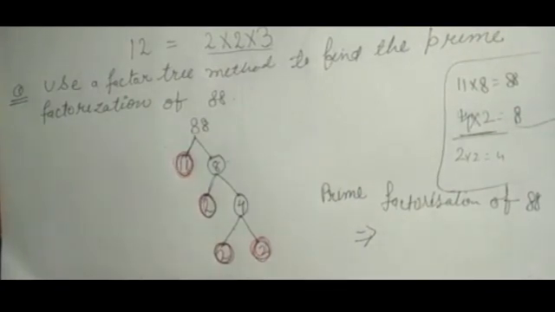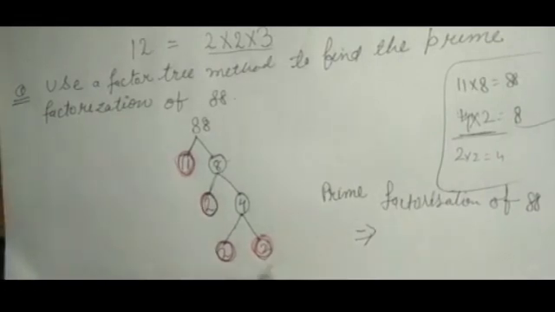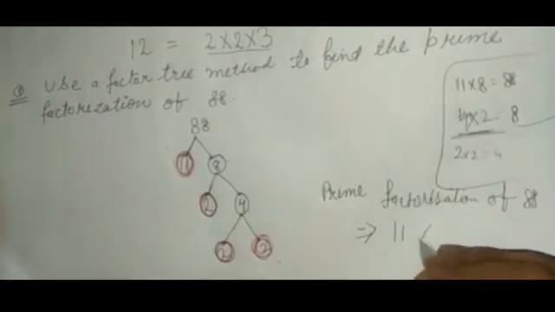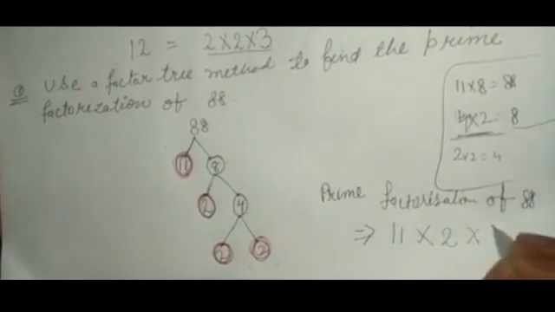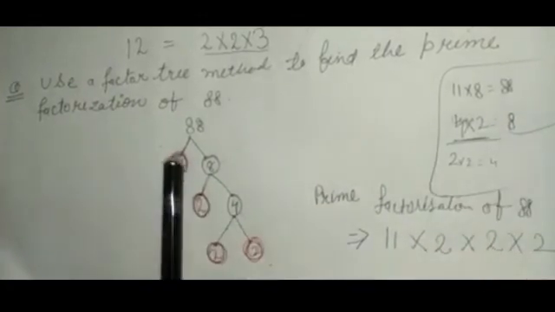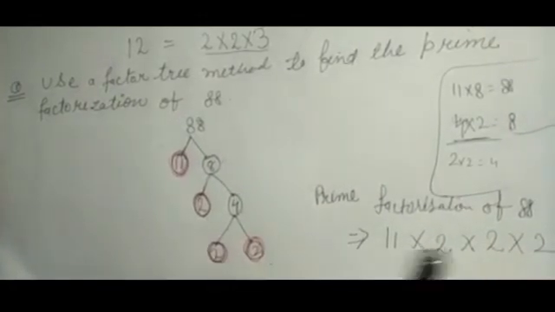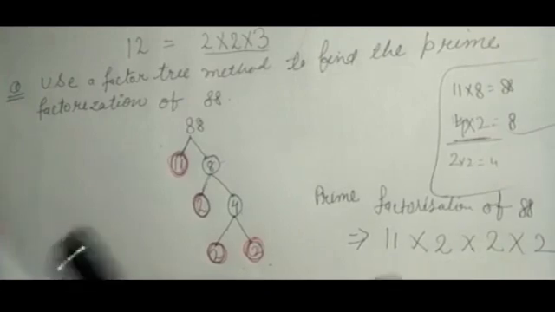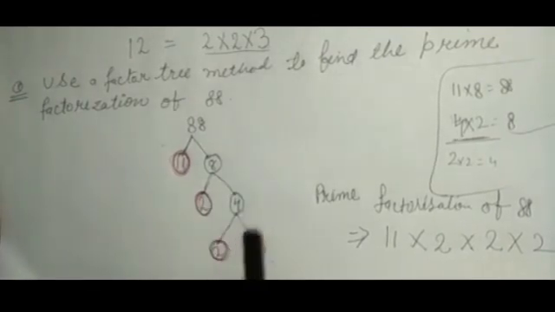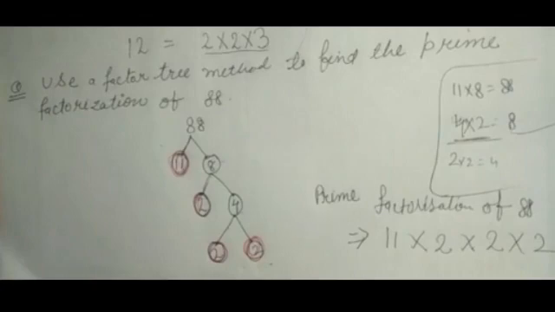But students, this time you will go only for prime numbers. See, only the red ones: 11, 2, 2, 2. You will not add the composite numbers. That's why I told you to use this red pen. It will help you at the last, right? And it is helping us right now.